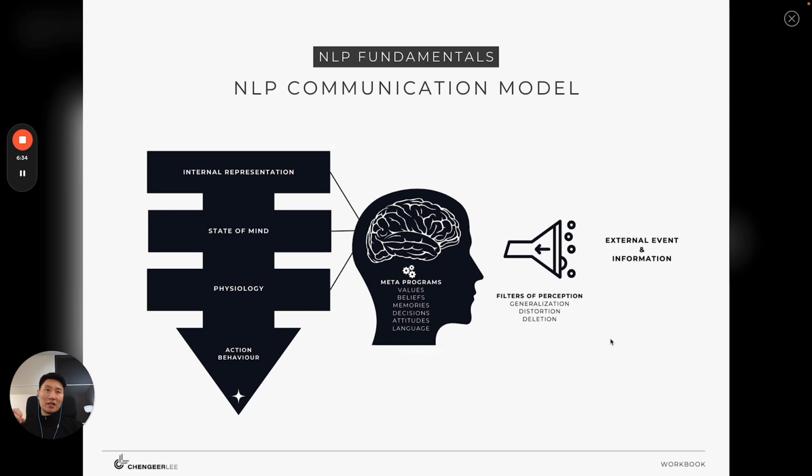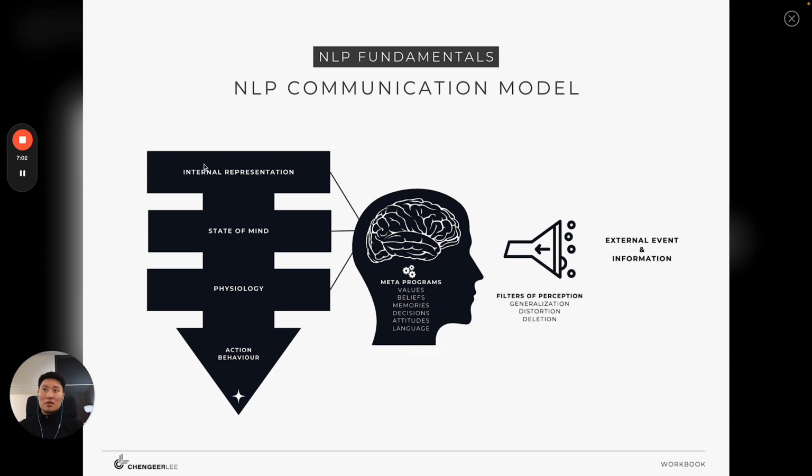So let's say an external event. Again, let's take the example of public speaking. You need to speak in front of 500 people. Palms are sweaty, breathing is very short, heart is pumping, right? But the mind itself can build two different internal representations. It can build a narrative of, hey, I'm nervous, or I'm scared, or it can build a narrative, I'm excited.